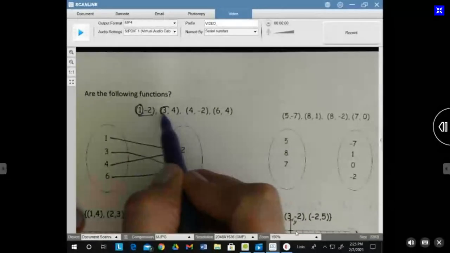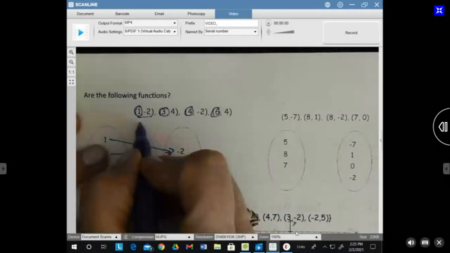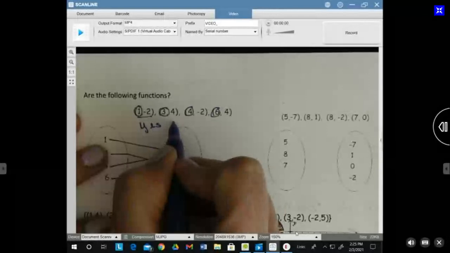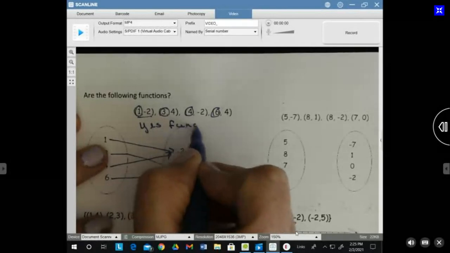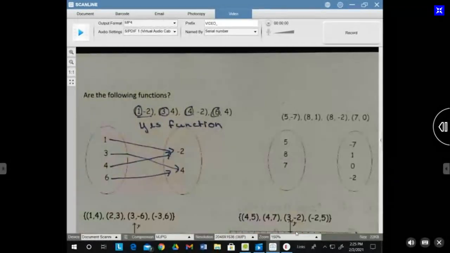Is every one of my X's different? Then your answer is yes. It's a function. And that's okay, all the Y's can be the same. To answer this particular question, I don't really care what Y is doing. The only thing I have to look at is what X is doing. Okay?